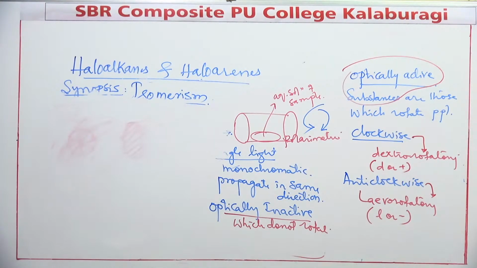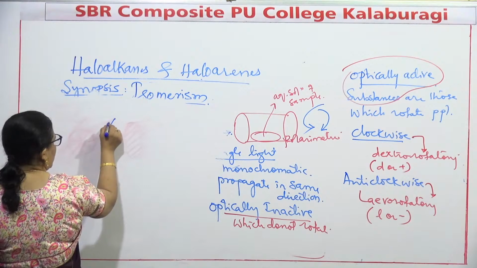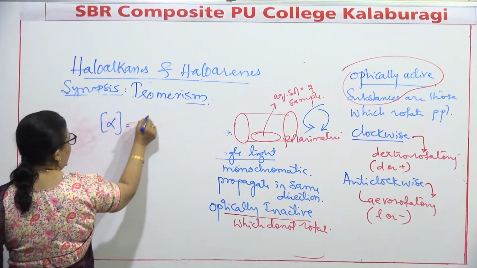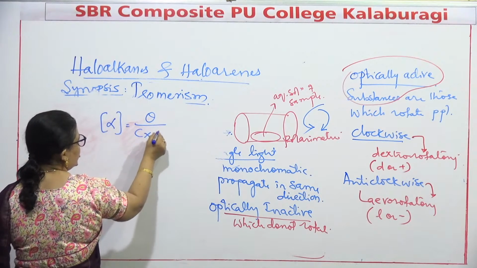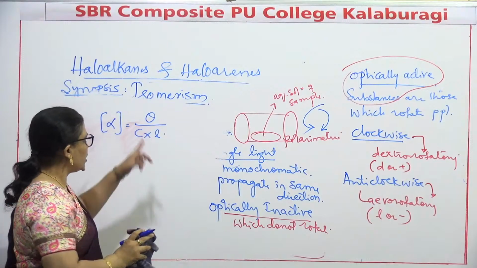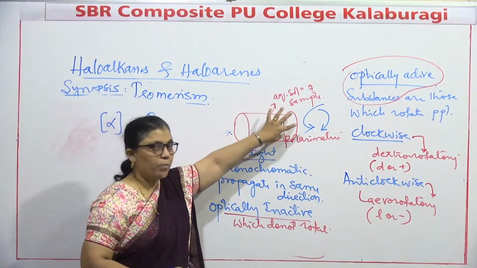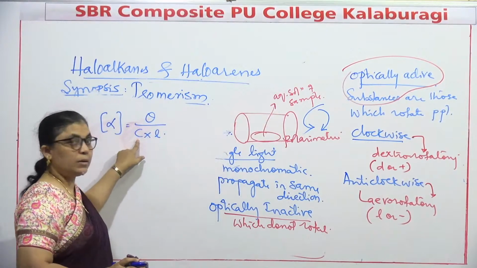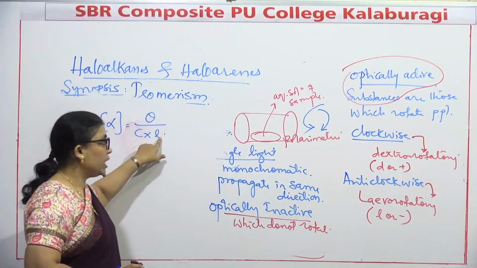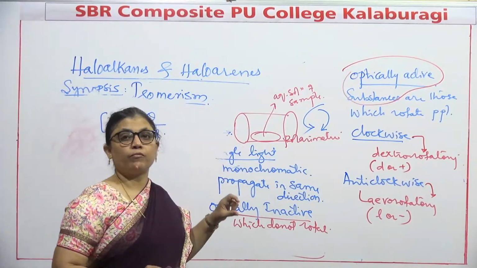The specific rotation is represented by alpha equals theta divided by c into L. Theta means the degree of deflection, that is, how much the angle is. c represents the concentration of the solution. L represents the length of the tube.